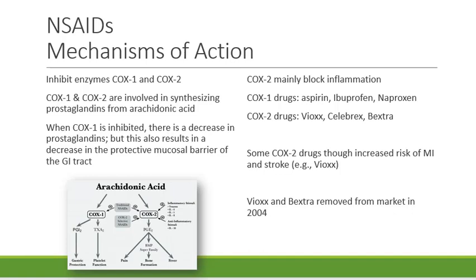So let's take a look here. When COX-1 is inhibited, there's a decrease in prostaglandins, but this also decreases aspects of the protective mucosal barrier of the GI tract.